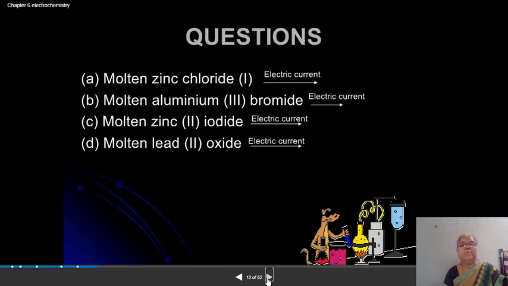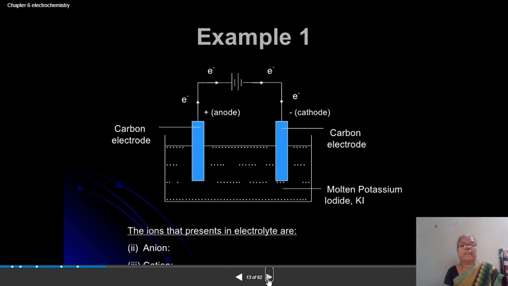Here are some examples of electrolysis of molten compounds. For example, this is our anode, here is our cathode, and suppose we have molten potassium iodide, KI.